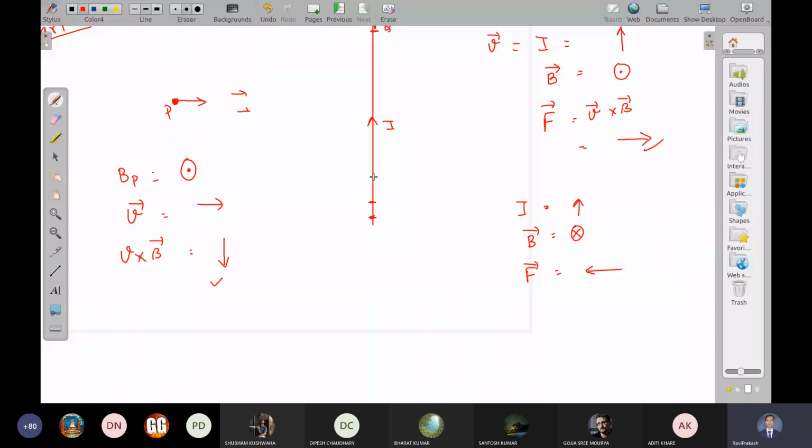Usually there is no effect of this electric field on the wire. Wire पे electric field का effect नहीं होगा. Why? There are moving charges, but this wire is electrically neutral. Positive charges are, negative charges are going down.